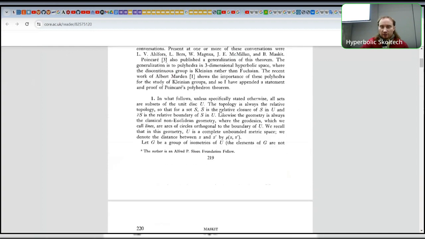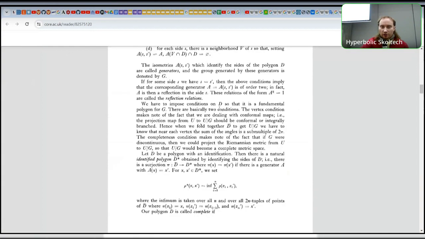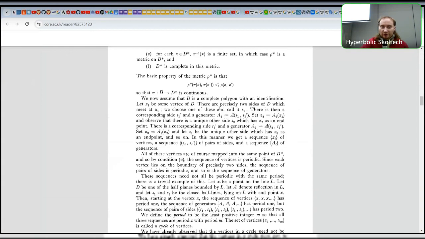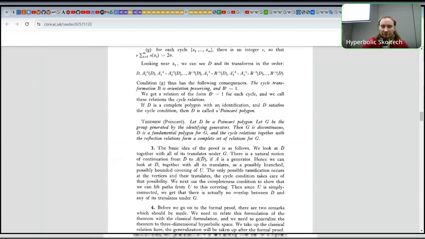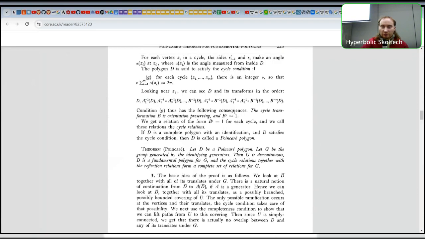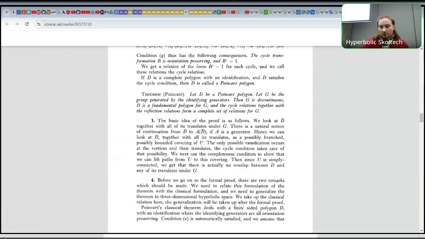The formulation, well, you can think of it as a formulation for several pages. This was just a simple geometrical explanation. And yeah, so we just form such a polygon of this form for our group.